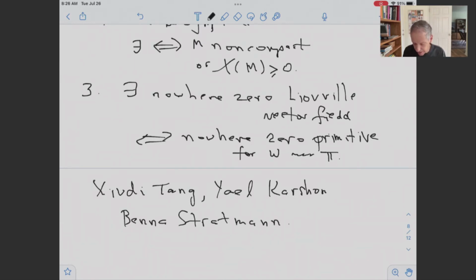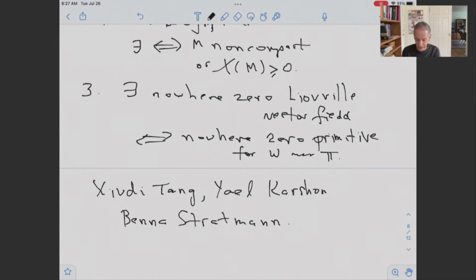In the case of Stratman, he worked directly with the primitive and got rid of the zeros. And in the case of Tang and Carchon, they found a non-zero Liouville vector field.